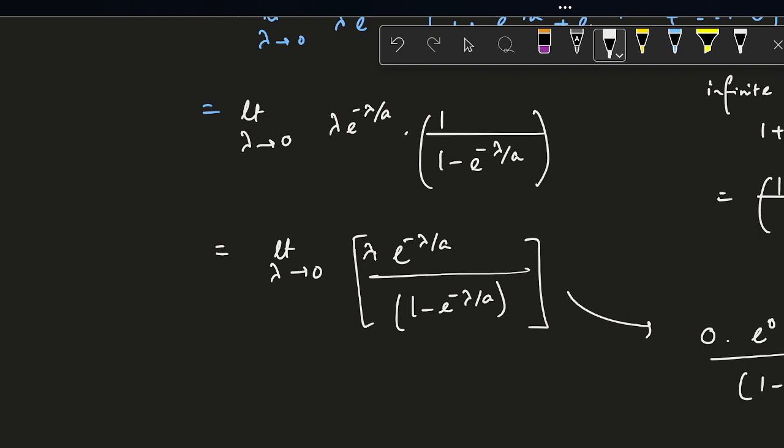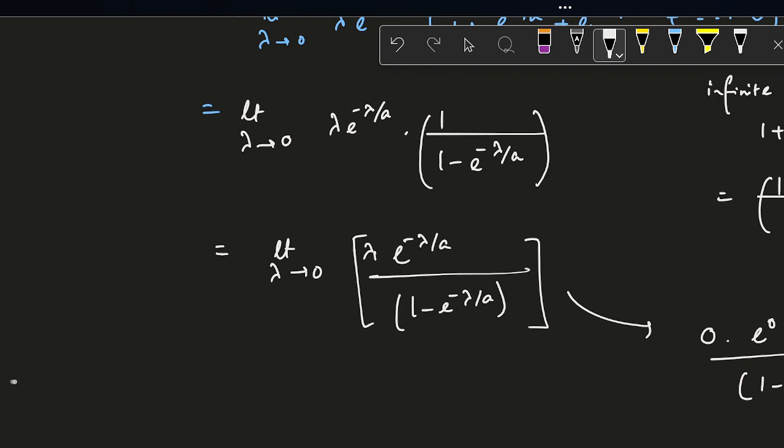So the problem here is that 0 times 1 in the numerator, and in the denominator you are getting 1 minus 1. So basically you are getting a 0 by 0 term, which is invalid.